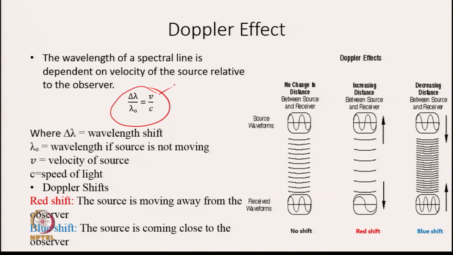V is the velocity of the source relative to the observer, and C is the speed of light.